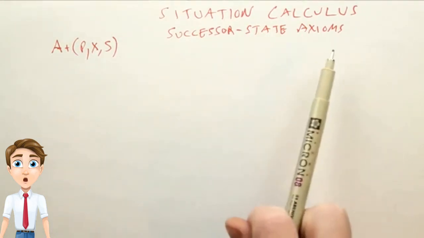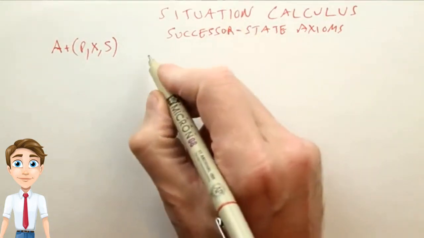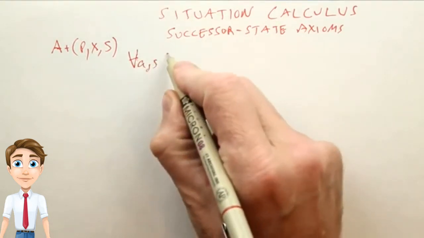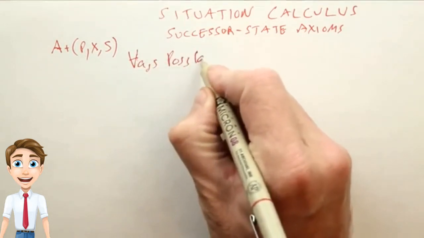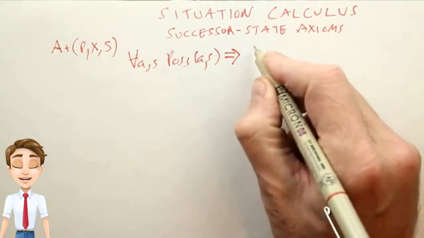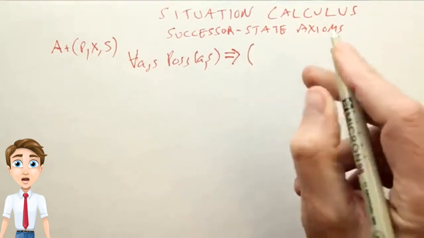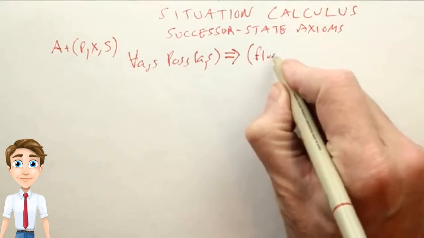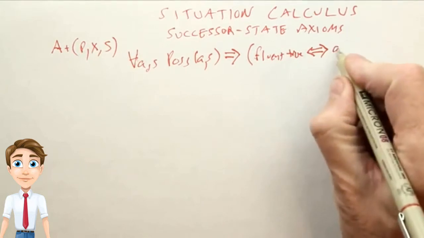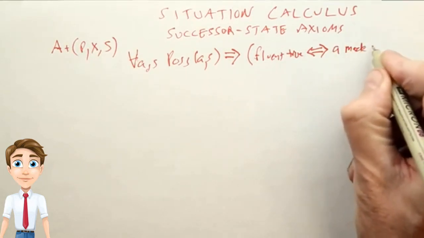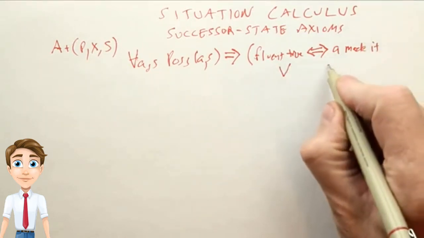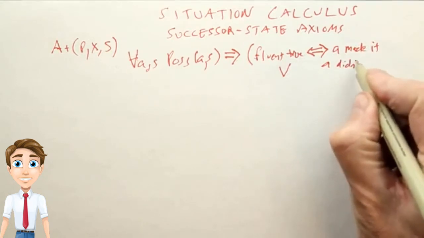And in general, the successor state axiom will have the form of saying, for all actions and states, if it's possible to execute action A in state S, then, and I'll show in general what they look like here, the fluent is true if and only if action A made it true, or action A didn't undo it.